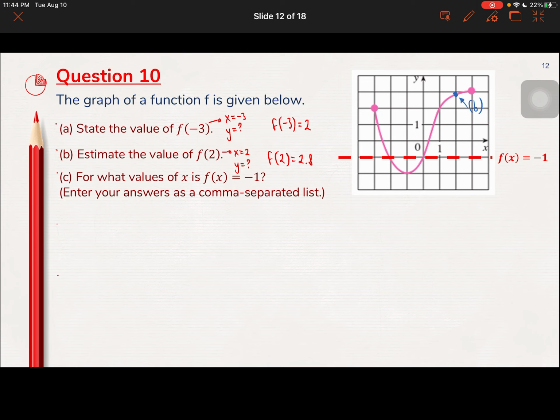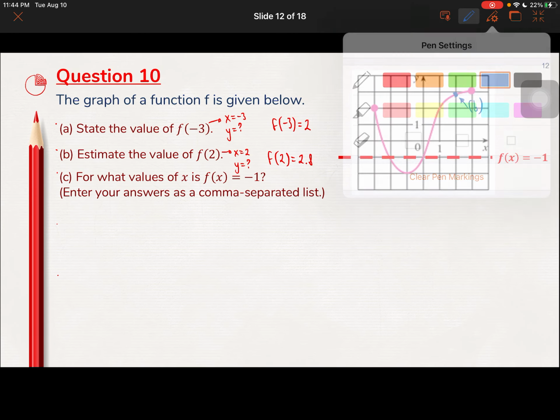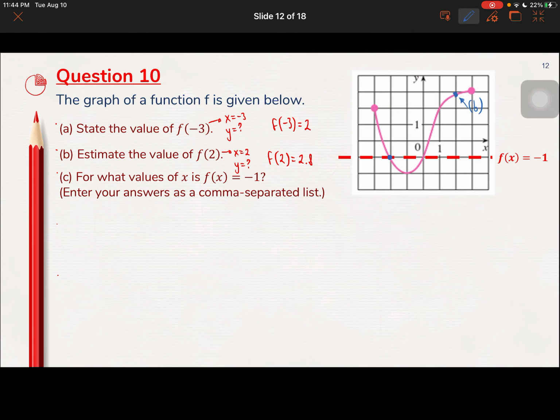And we need to find the values for x where this line is crossing or touching the function, and we see that at this point and at this point we have the answers for the letter C. So here the value of x is 0, and here the value of x is -2.